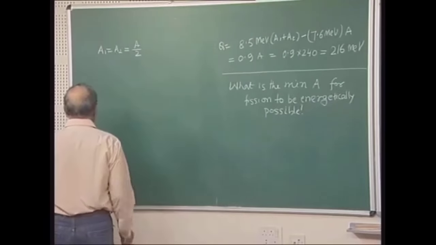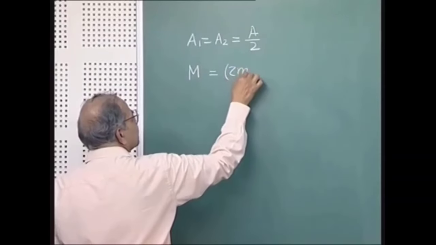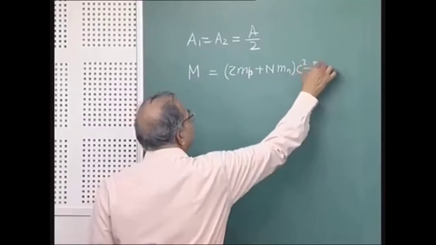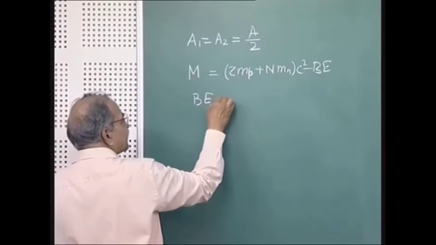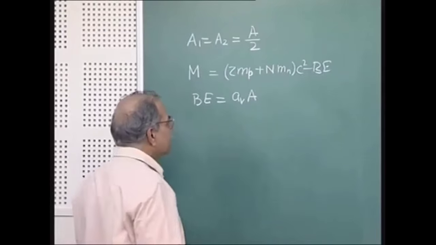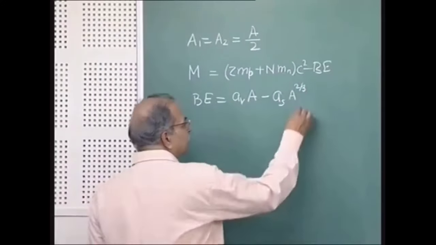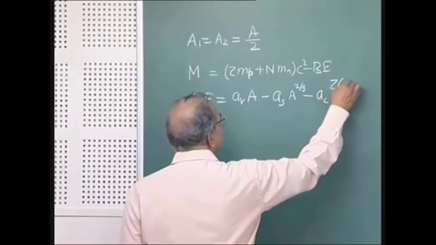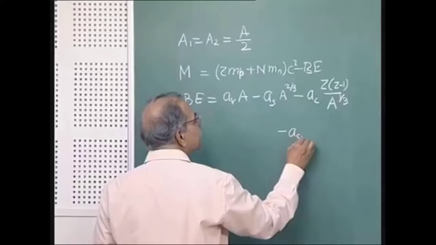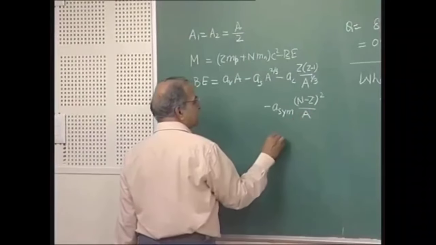Now, in the semi-empirical mass formula, you remember the mass of a nucleus is Z times mp plus N times mn, times c squared, minus the binding energy, and this binding energy is Av times A, the volume term, which we had done in the beginning, then minus the surface term As A^(2/3), then a Coulomb term minus Ac Z(Z minus 1) over A^(1/3), then an asymmetry term Asym (N minus Z) squared divided by A, and the pairing term.